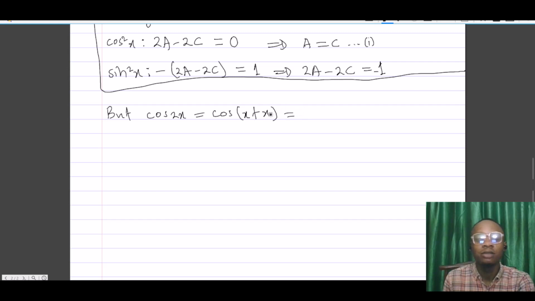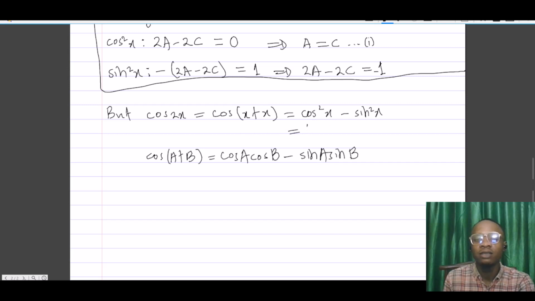From the trigonometry formula for cos of a plus b, that should be cos a cos b minus sine a sine b. You can revise trigonometry if you can't remember this. So cos 2x, that is cos of x plus x, we can write as cos squared x minus sine squared x. So basically, we can simplify this further.